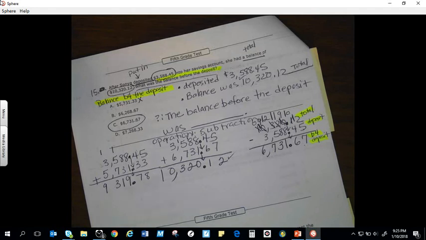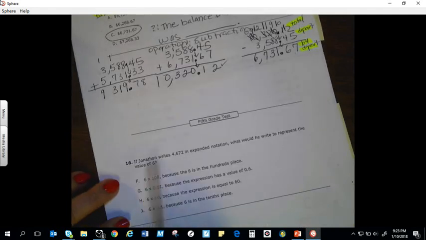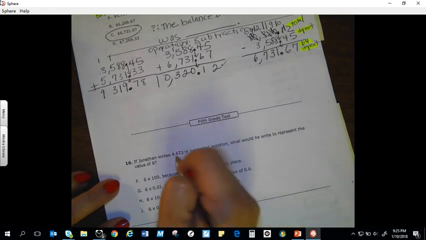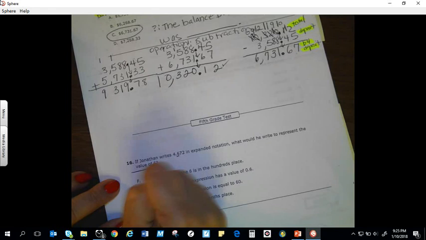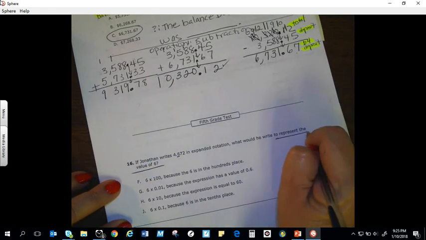Okay, number 16. If Jonathan writes 4 and 672 thousandths in expanded notation, what would he write to represent the value of 6? So I need the value, represent the value of 6.